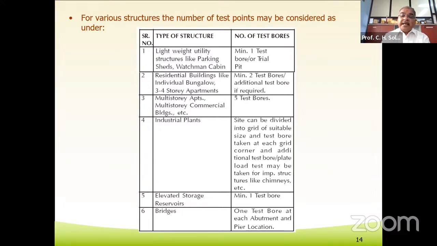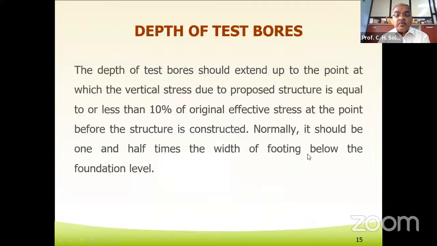Whereas in the case of residential low-rise buildings, 4 to 5 stories, 2 test bores are sufficient. In case of some adverse conditions, if you require some more borings, you may go for them. However, it has been suggested that in the case of multi-story buildings, you must go for 5 boreholes.